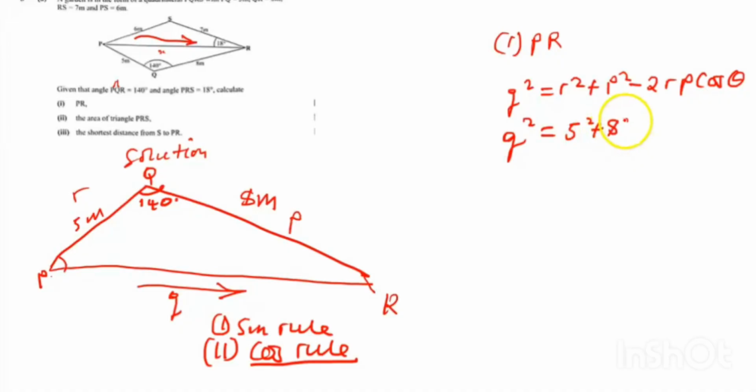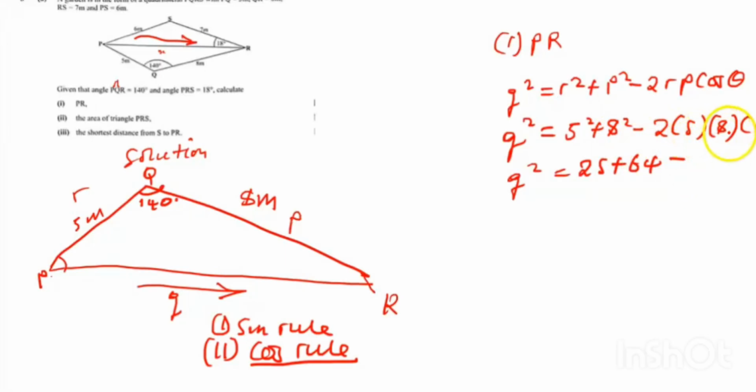8 squared, then minus 2 multiplied by 5, multiplied by 8 cos, while this theta we have 140 degrees. Okay, so it is equal to 5 squared which is 25, then plus 8 squared which is 64, then minus 2 times 5 which is 10, times 8 which is 80, cos 140 degrees.